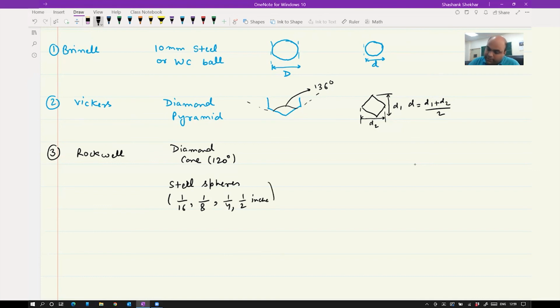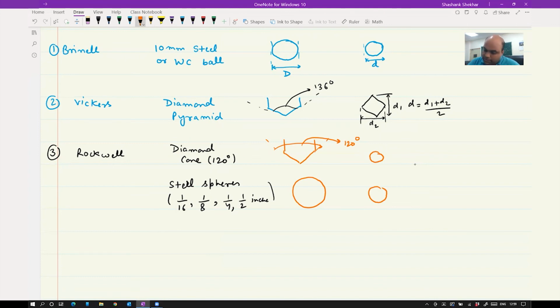If you use the diamond cone, this is the side view, and this angle was 120 degrees. If you see the top view, it's a diamond cone, so it is going to form a circle. And if we have a steel sphere, it is also going to form a circle.